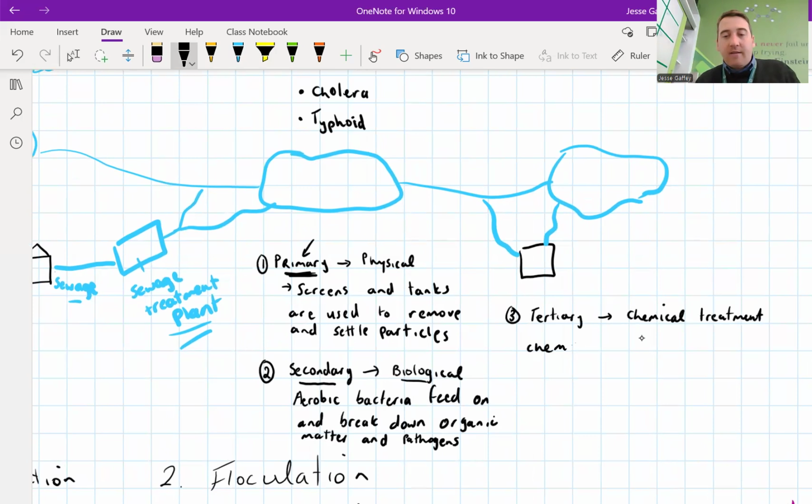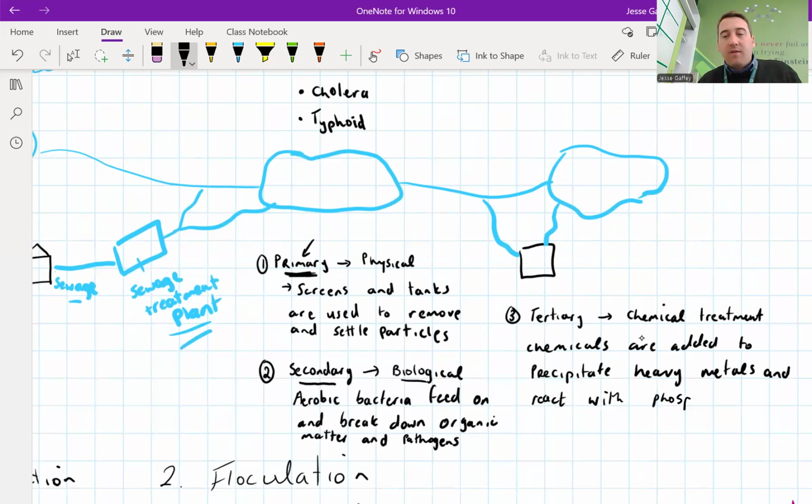Chemical treatment: chemicals are added to precipitate heavy metals, and react with two important chemicals here, react with phosphates and nitrates.